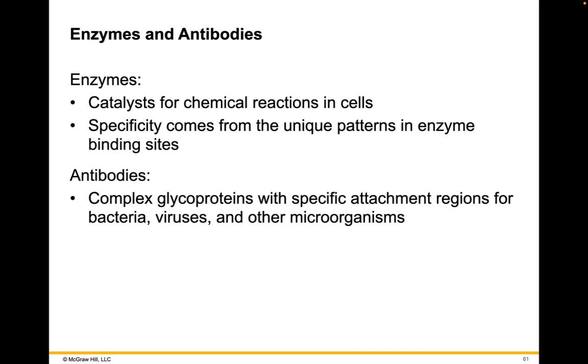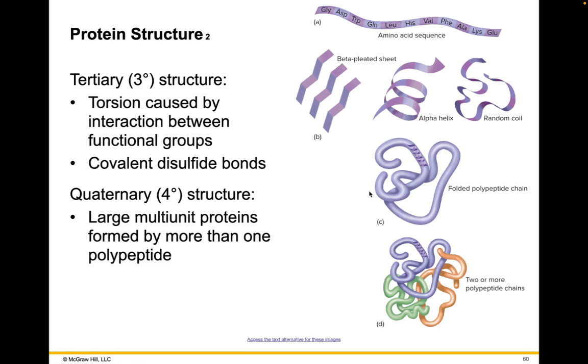So the function of proteins, a popular one is enzymes, and enzymes speed up chemical reactions in cells. And they are very specific to their substrate because of this shape and these levels of folding. By the way, if you change this structure, if I take tryptophan and move it over here and move valine, and I use the same amino acids, I just put them in a different order, these shapes will change, these shapes will change, and these shapes will change. And so that's why this is the primary level, because it determines how these shapes are formed.